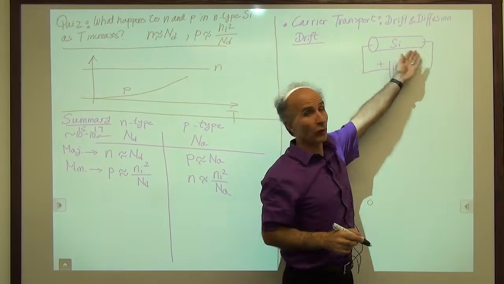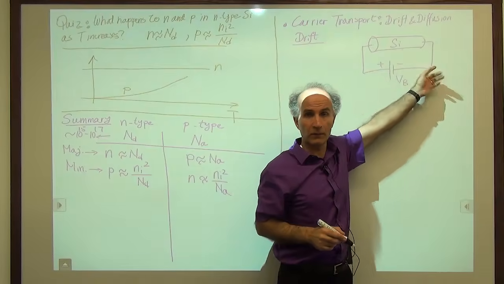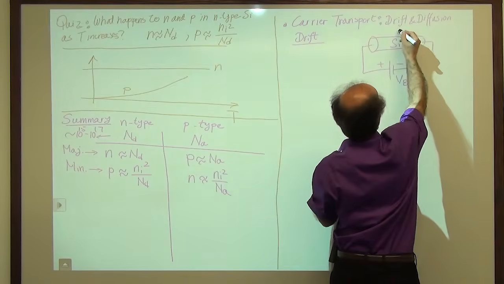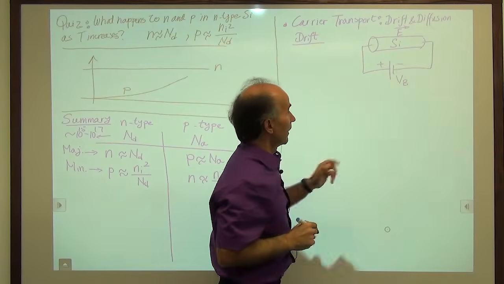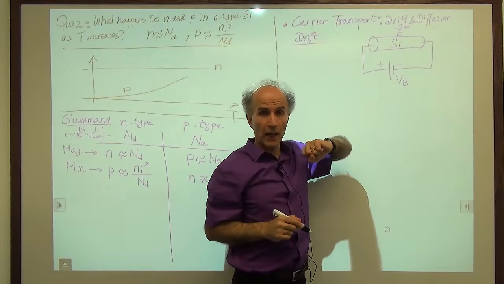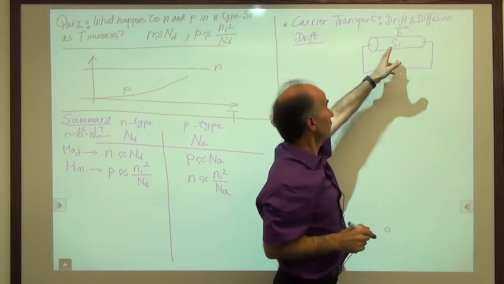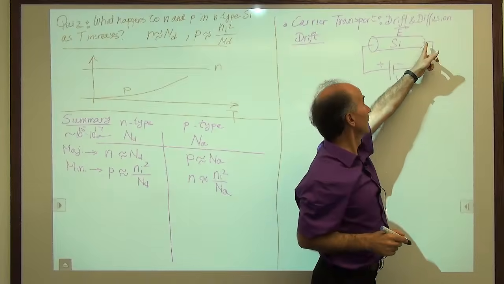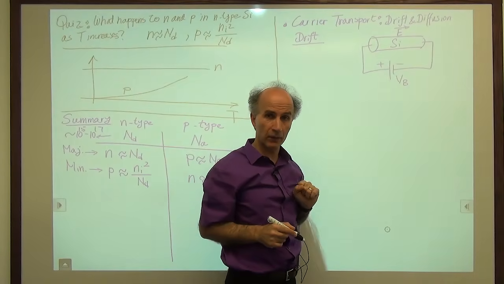Assuming that this is a uniform crystal, we have created an electric field from here to here, right? So there's an electric field oriented this way because we have applied a voltage. And if there's any charge carrier, for example, electrons, these electrons will see the electric field and start moving. So they start moving from here to here. They are absorbed to the positive terminal of the battery.